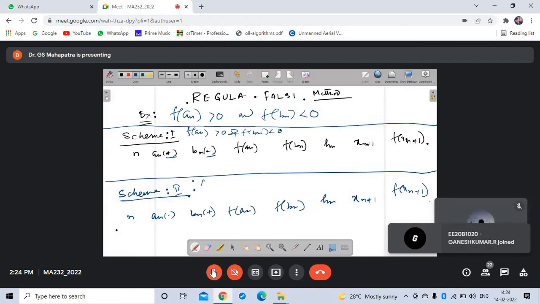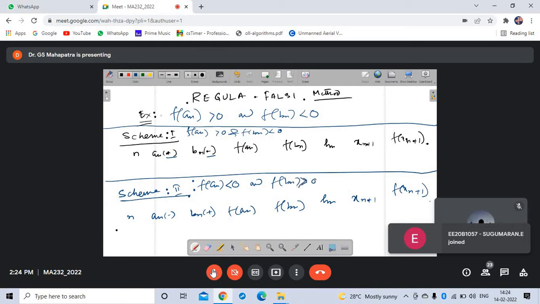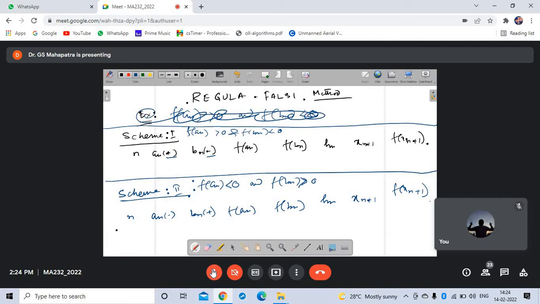Here it is f of an less than 0 and f of bn greater than 0, and that is scheme 2. So these are the two schemes for the Regula Falsi method's solution procedure.